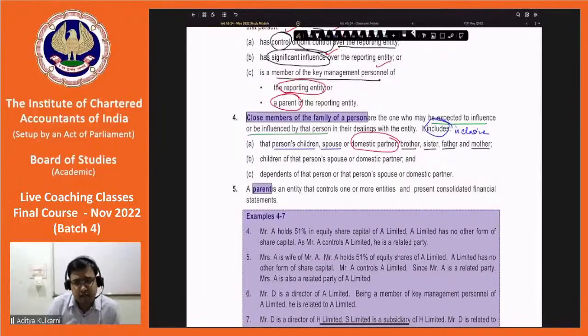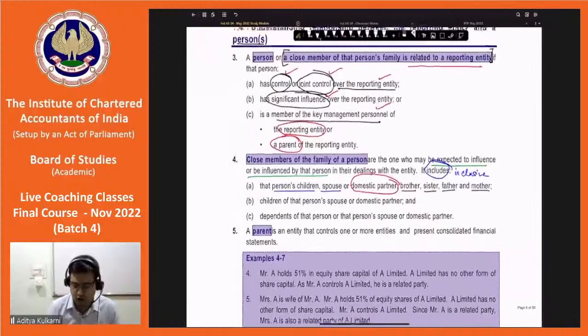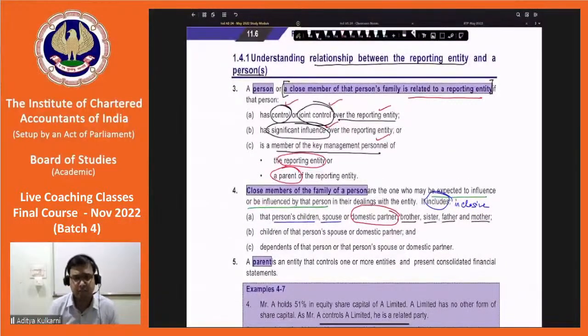And therefore, these people will also become related to the reporting entities. These persons also become related to the reporting entity. So now you look at this clause.